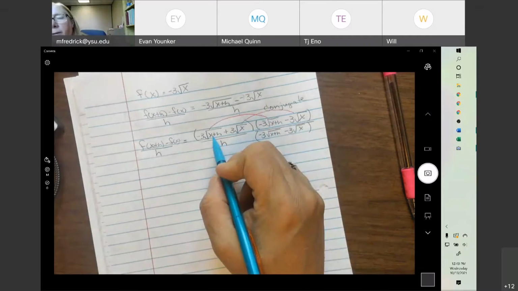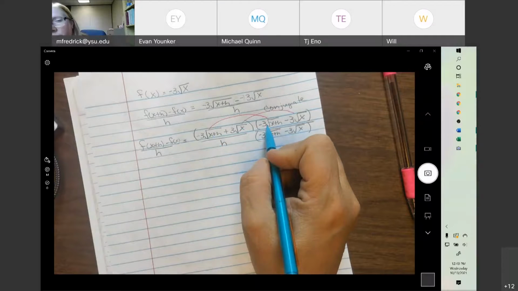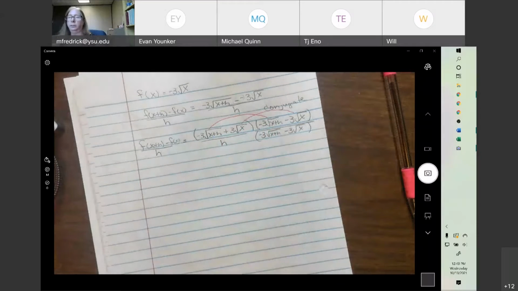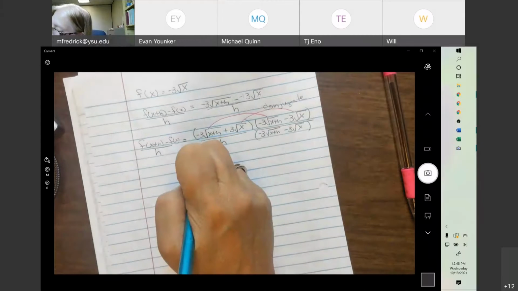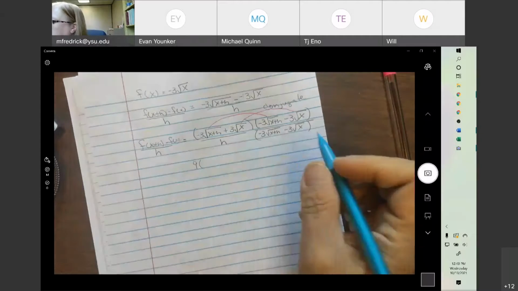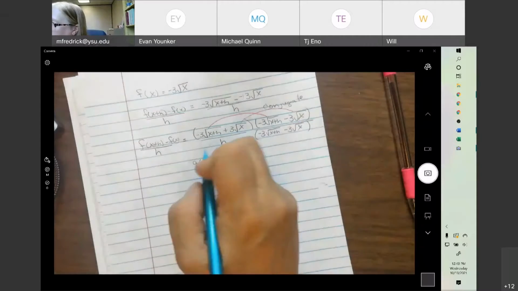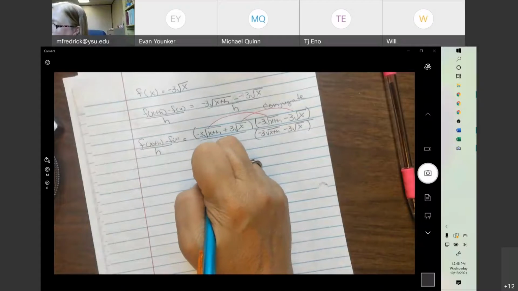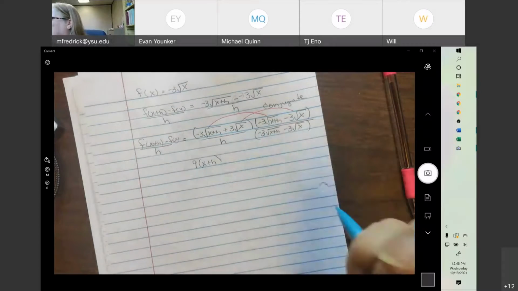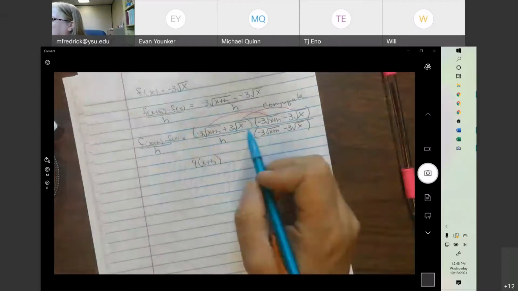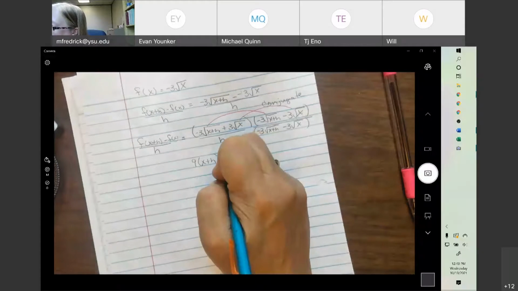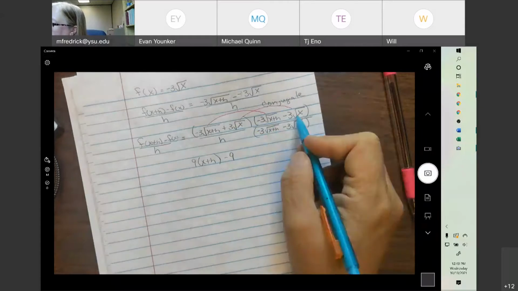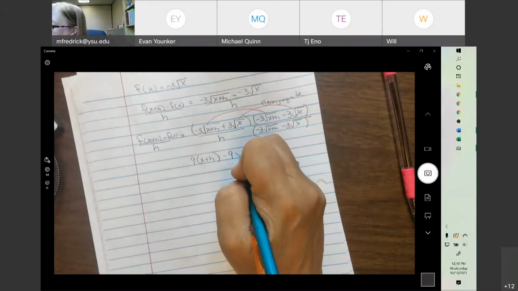Remember, when you multiply a radical times a radical, if they're exactly the same, it just cancels the radical. So -3 times -3 is a positive 9 times the square root of x plus h, and the square root of x plus h is x plus h. Multiplying the last two, 3 times a -3 is a -9. Square root of x times the square root of x is x.